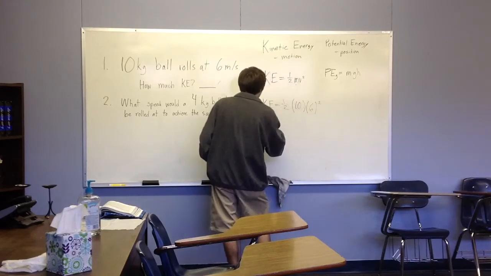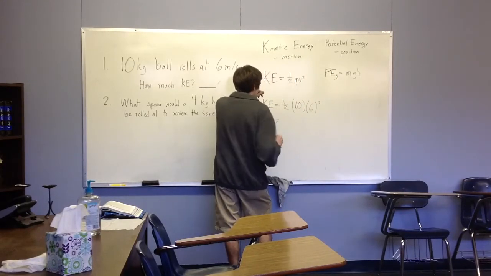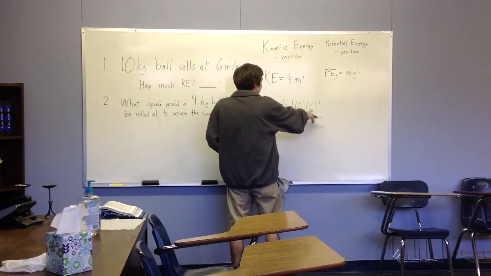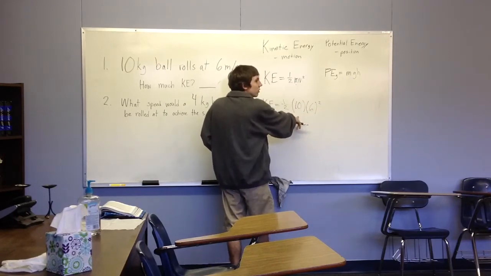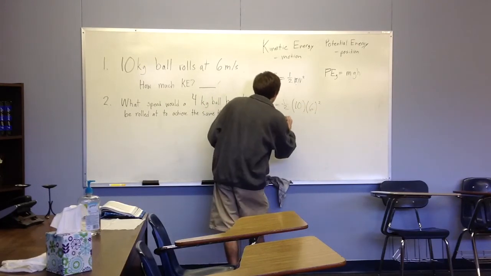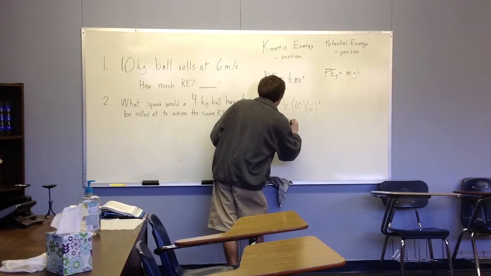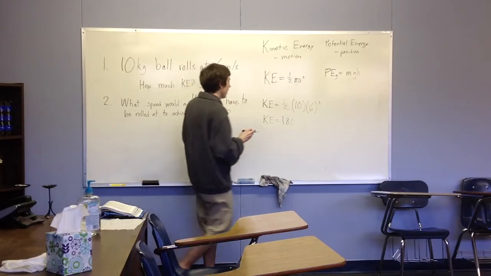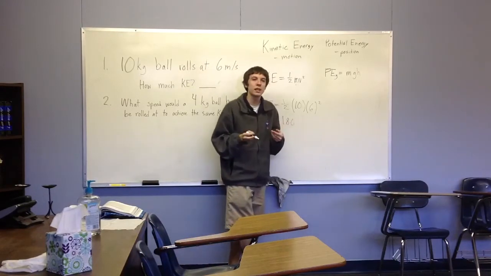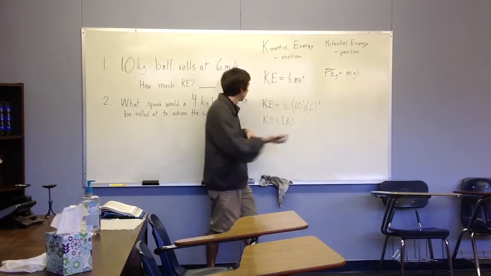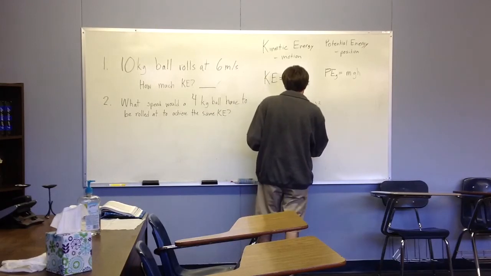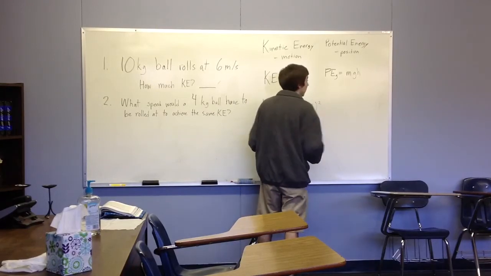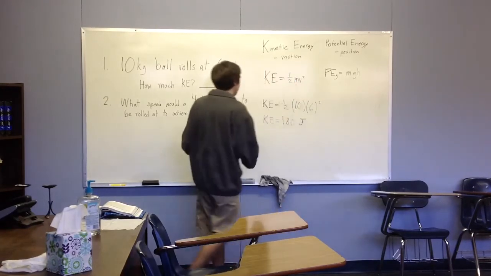So our total kinetic energy equals 6 squared is 36, times 10 is 360, divided by 2 is 180. And the SI unit for kinetic energy is called the joule, or for energy in general, joules.